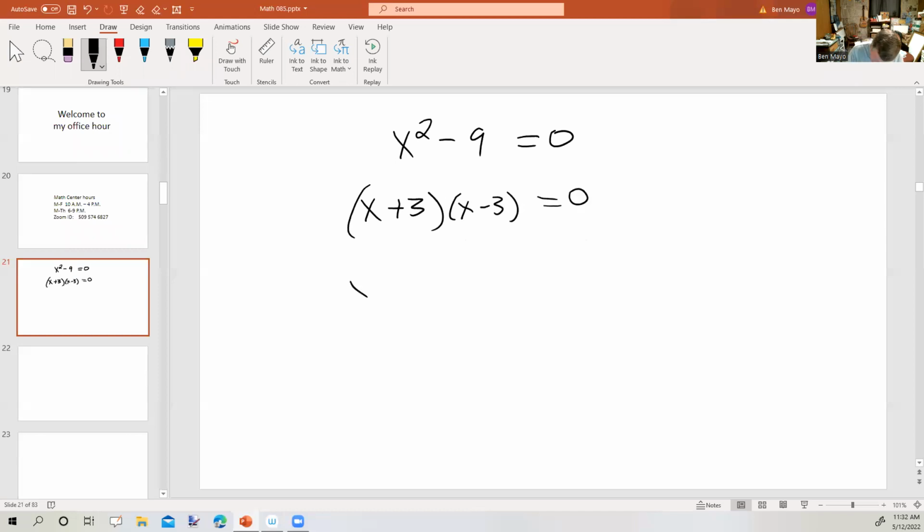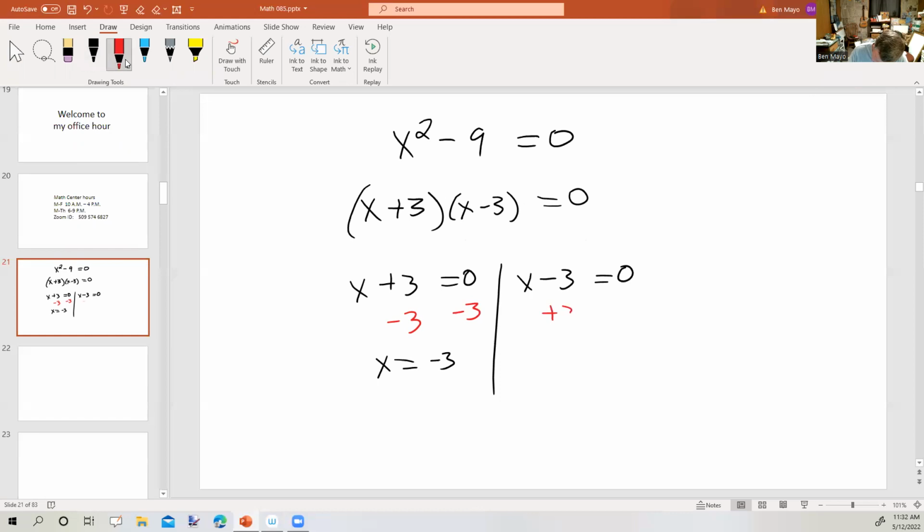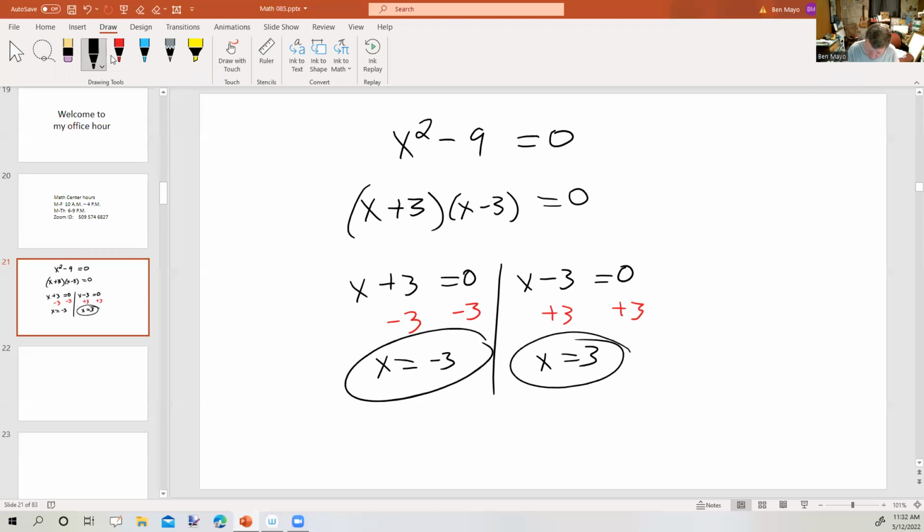And then we'd take each factor and set it equal to 0, like that. And then we'd solve each first degree equation. So we get x is -3, and we'd get x is +3. So we'd get two solutions to a second degree equation, right? So that's what we did back in chapter 6.